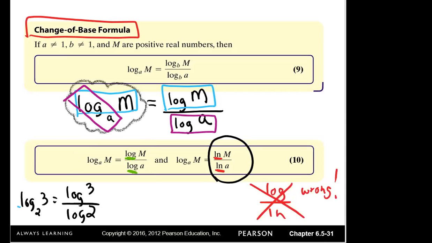So you're taking the log of the 3, that's the numerator, log of 3, and then you divide it by log of 2. I know over here on the left side of the equal sign, that's log base 2, but it becomes log of 2. They'll both be base 10s in the numerator and the denominator.